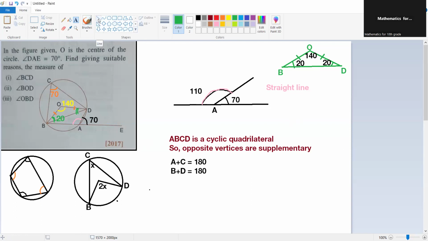The first answer, BCD, is 70 degrees. I'll mark it here.